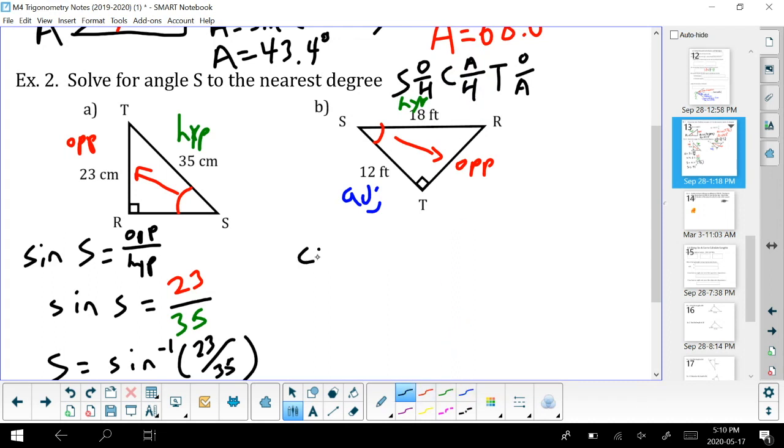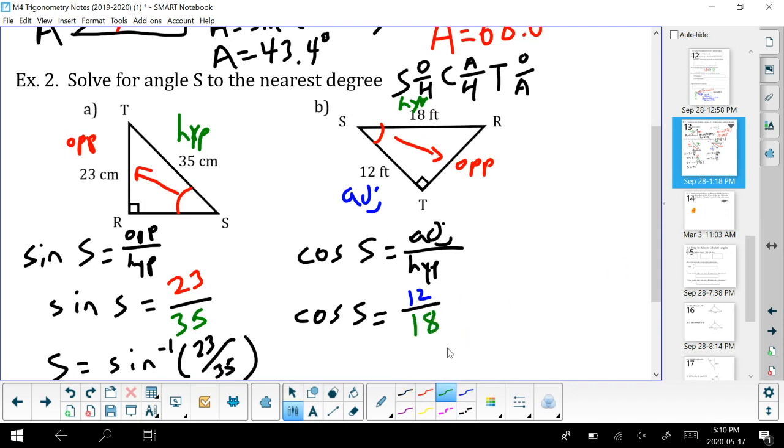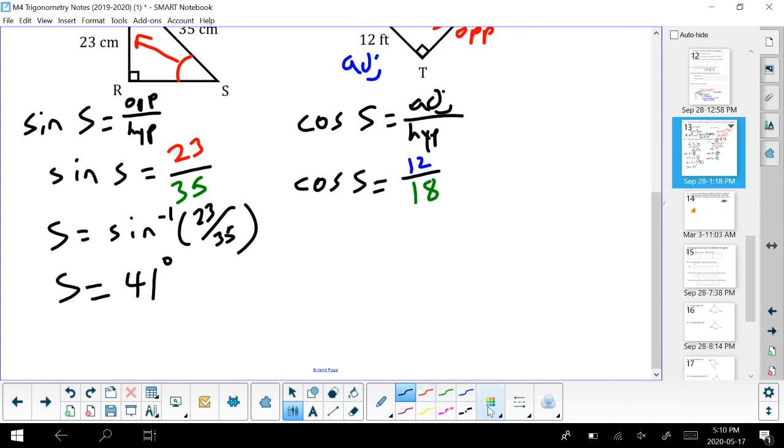So we're going to state that the cosine of angle S is equal to my adjacent side over my hypotenuse. So the cosine of S is equal to 12 divided by 18. Because we don't want cosine of S, I'm going to take the inverse cosine of both sides.